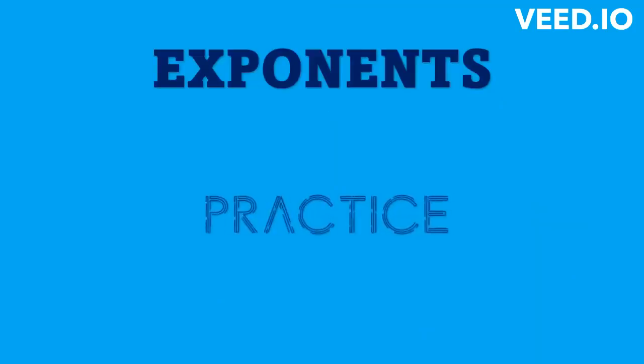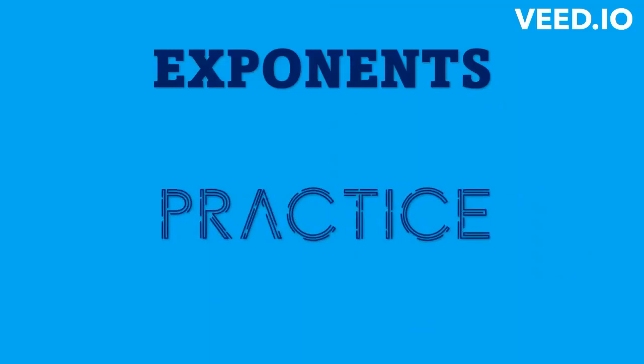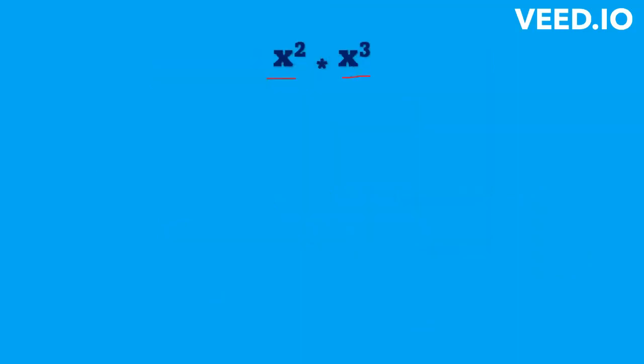Okay, let's get to practice. We have x power 2, that is x squared, times x cubed. Base is the same. Exponents are different. We are multiplying these two expressions. Then what happens?